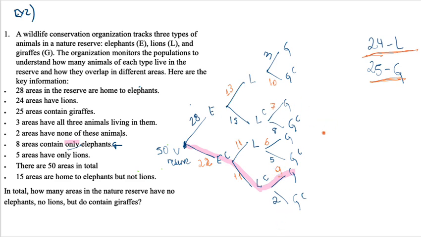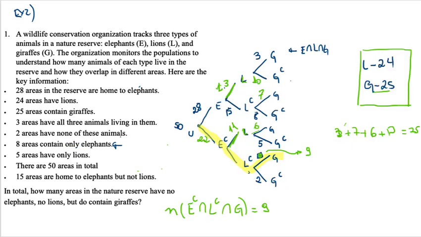And now our answer is, well, the number of this set here, no elephants, no lions, and giraffes sums up to 9. Okay? So this is another kind of exercise, the type of problems that will be asked in the midterm using trees. Okay, so it's very important for you guys to know how to use the trees and all the rules.